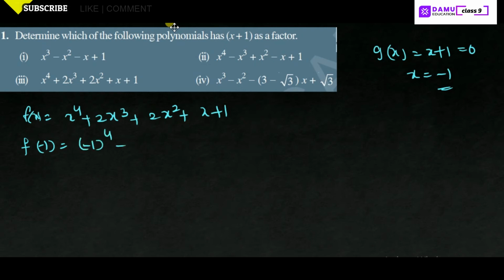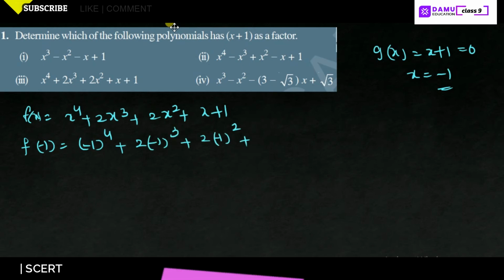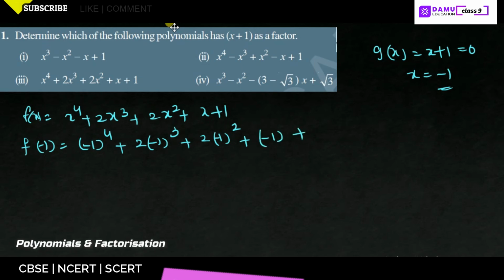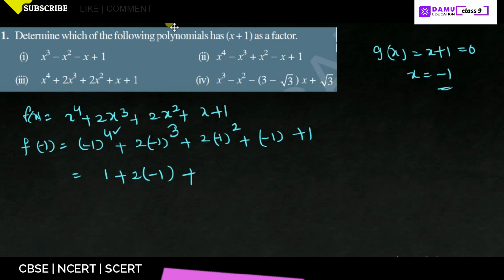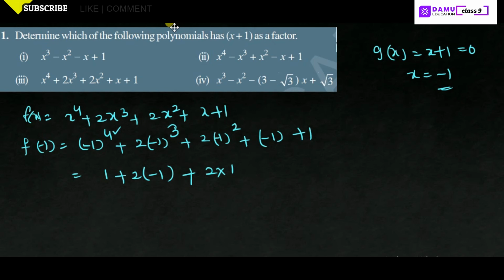So let's substitute: minus 1 whole power 4 plus 2 into minus 1 whole cube plus 2 into minus 1 whole square plus of minus 1 plus 1. Here an even power came, so we get 1. Plus 2 into, here an odd power, so minus 1 as it is. Plus 2 into, here an even power, so plus 1, then minus 1 plus 1.